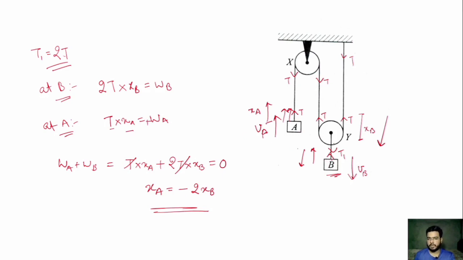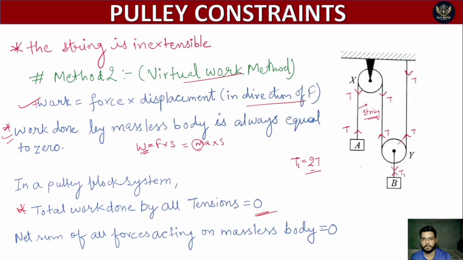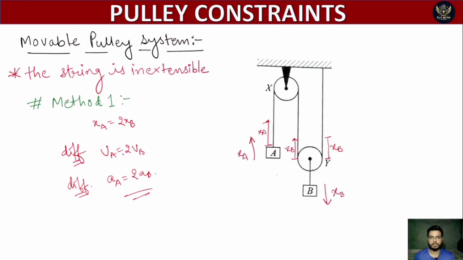So this one has the minus sign, and if it goes to that side, then this one is plus. So XA is 2 into XB. Here is the final relation. Sorry for the mistake. Here also XA is equal to 2XB.